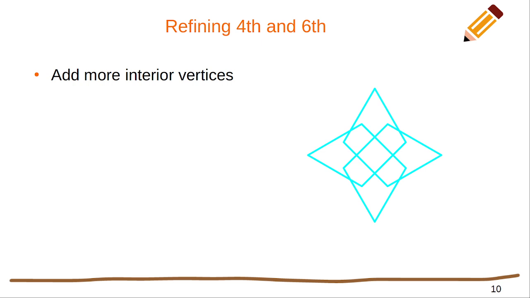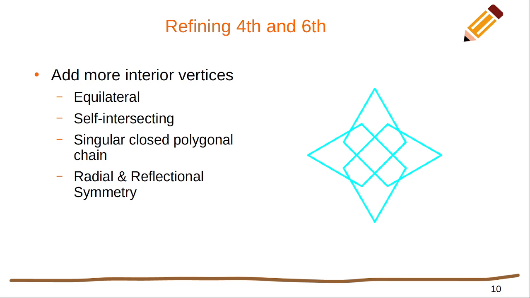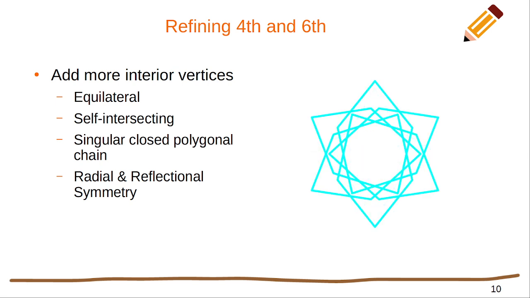So I added the 2 interior vertices and drew the equilateral line segments. Equilateral, self-intersecting, singular closed polygonal chain, radial and reflectional symmetry. I had done it. I added 3 interior vertices for a 6-pointed star, and I was also pleased with the result. Although quite busy on the eyes, it satisfied all the revised constraints that I had put for myself.